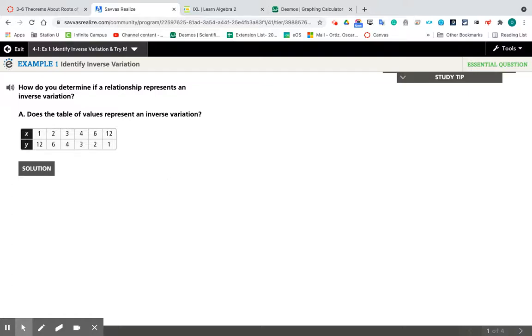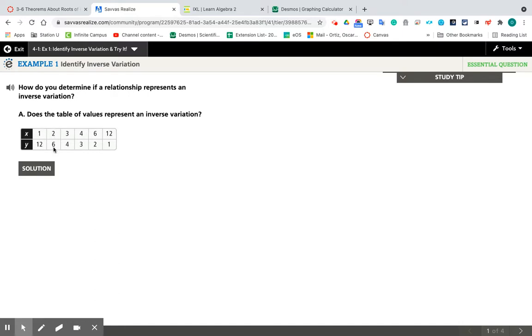In this example, we learned how to determine if a relationship represents an inverse variation. We see a table of values here, some values for x, some values for y, and we notice that when x equals 1, y equals 12. If we multiply that value of x by 2, then 1 times 2 is 2.